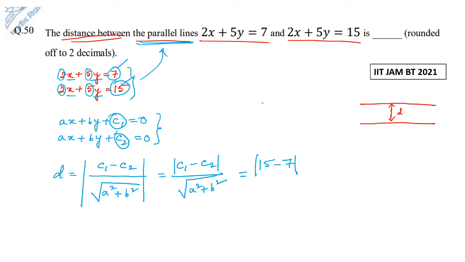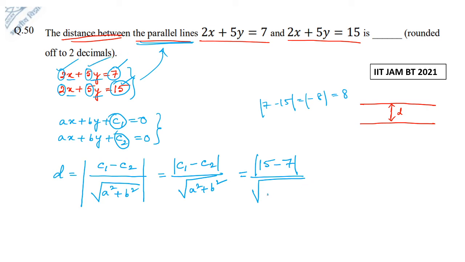If we write it as 7 minus 15 and get minus 8, it will not be the case because we have a mod here. So be aware of that. It will give us 7 minus 15, that is 8, mod of that is 8, or 15 minus 7, that is 8, divided by root over a square plus b square. Now a is 2 and b is 5.